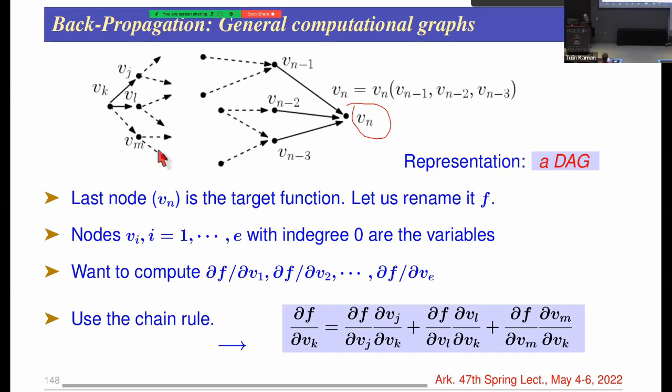So it's really, you just use the chain rule. So df over dvk, the derivative with respect to vk, is the sum of these three, right? Because all these three, and I'm assuming they are the only ones, will involve vk. So it's the partial derivative with respect to vj times, so this is the one that has been already evaluated from going down, from backwards. And these have been evaluated. I'm assuming they have been evaluated.